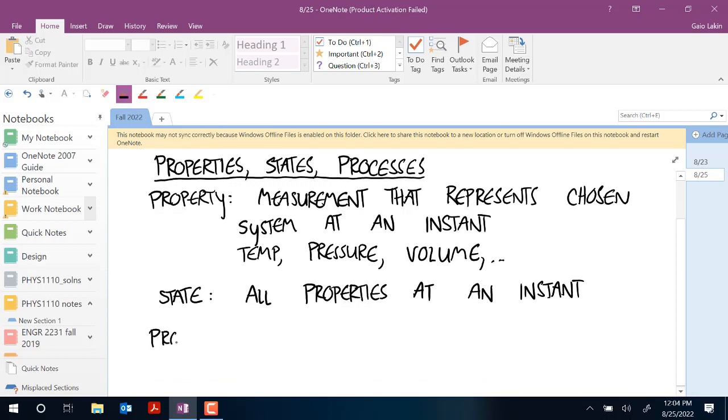Processes are transitions. A process is a transition between two states.